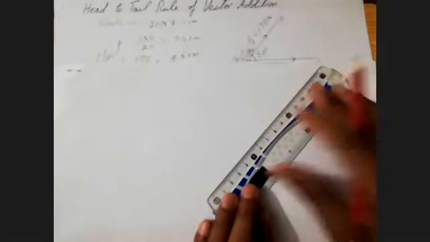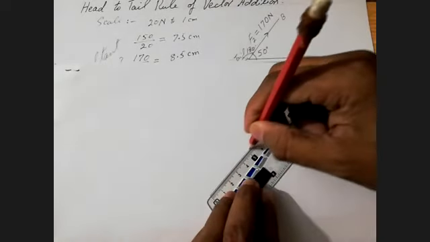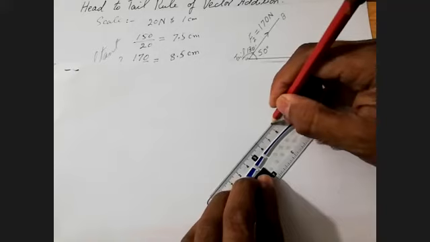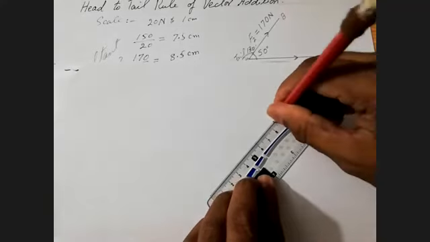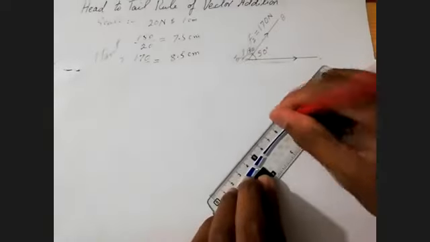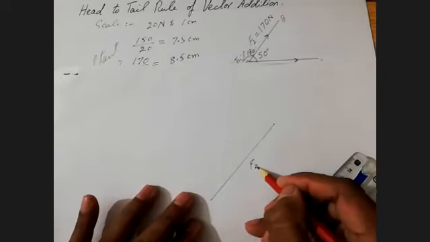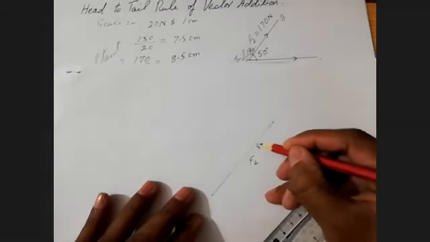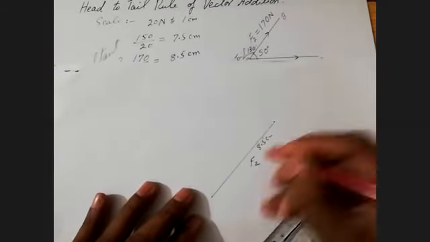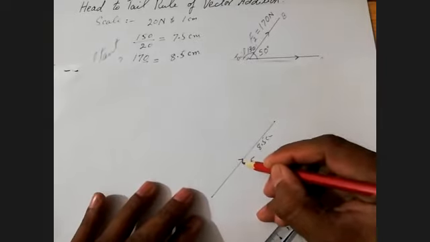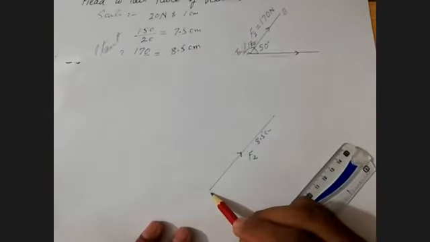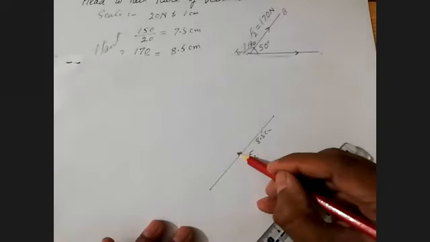I am going to draw this line without measuring any angle. Now here you have to see how we are going to draw a horizontal line. This is vector F2, which is represented by an 8.5 centimeter line. Here is the direction. Now this is the tail of vector F2, and this is the head of vector F2.